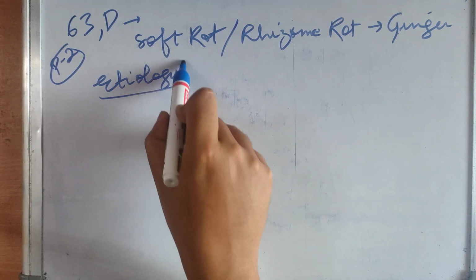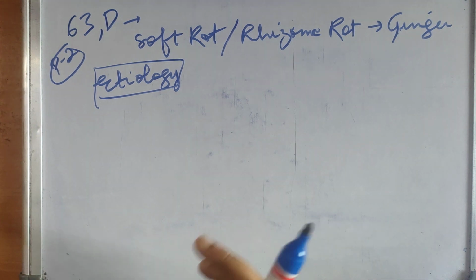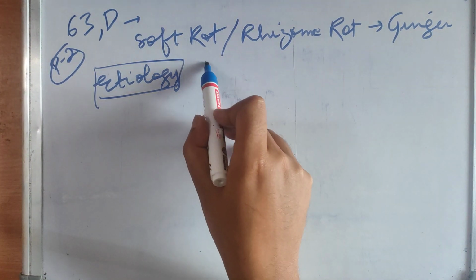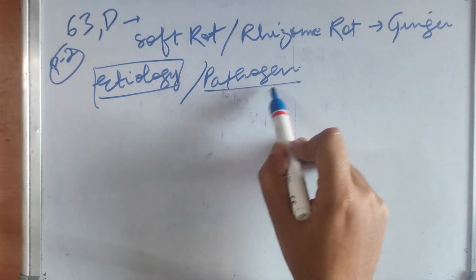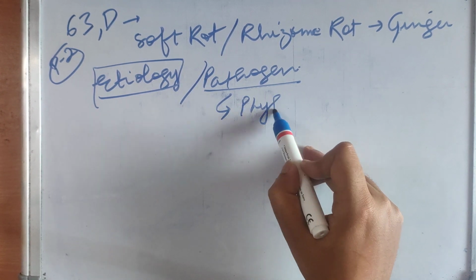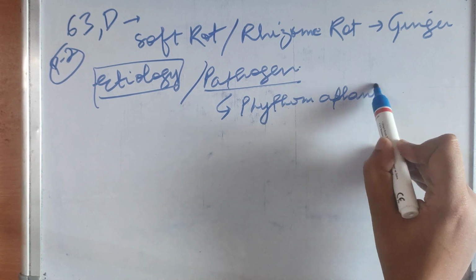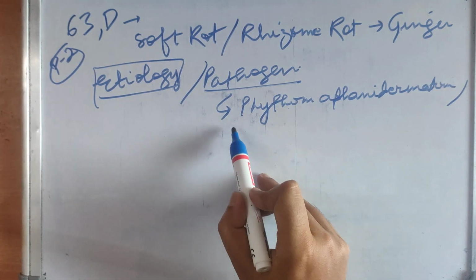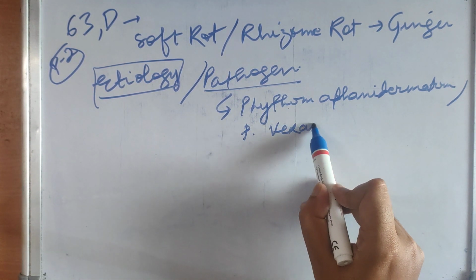Sometimes what happens, just to confuse, they will use etiology. Write the etiology, symptoms and management of the disease. So etiology is nothing but pathogen. We will just write the pathogen there. So here the pathogens are Pythium aphanidermatum, or you can say Pythium vexans.